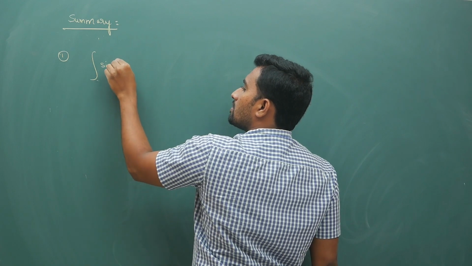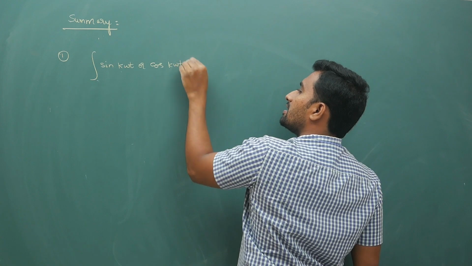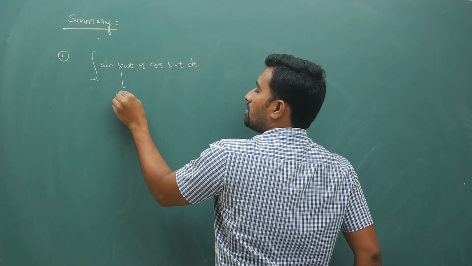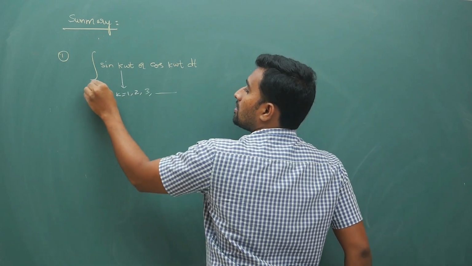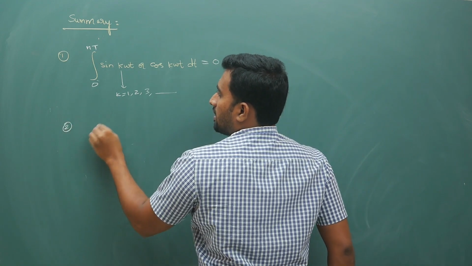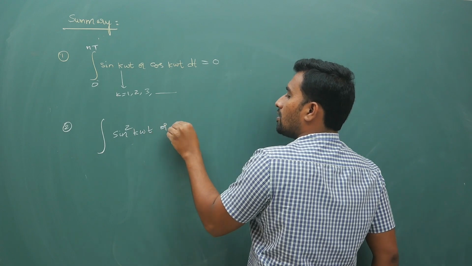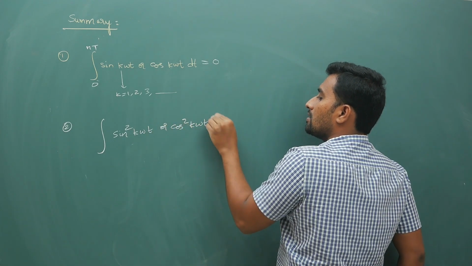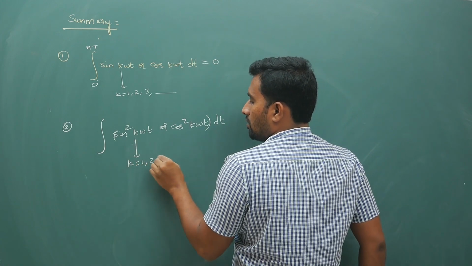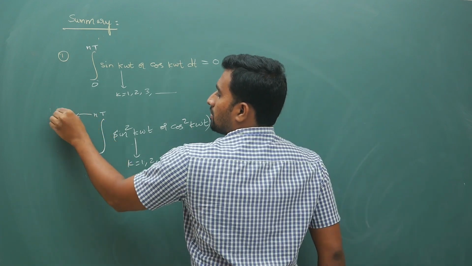The integral of sin k omega t or cos k omega t dt. This I have written previously, but I couldn't explain. If you take k values 1, 2, 3, and so on, from 0 to nT, all these values are zero. Second, the integral of sin squared or cos squared of k omega t dt, with k value 1, 2, 3, and so on, from 0 to nT, with n value 1, 2, 3, and so on.